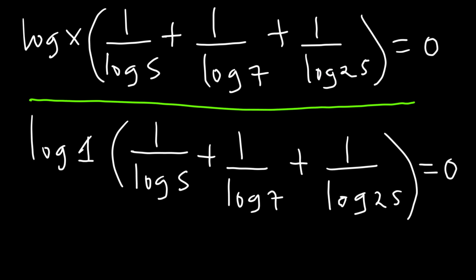Now if you put log of 1 in your calculator, you'll find out that it is equal to 0. Therefore this right here is equal to 0, and we know that anything times 0 is 0. Therefore the left hand side is equal to the right hand side. So our answer is correct.